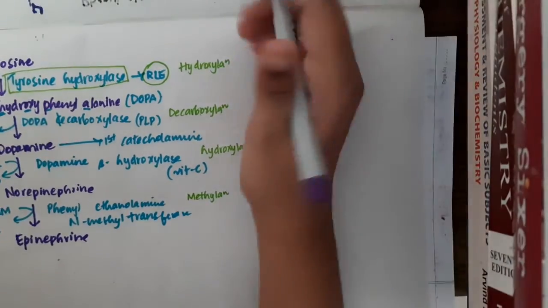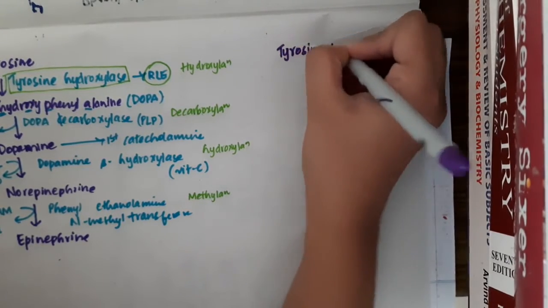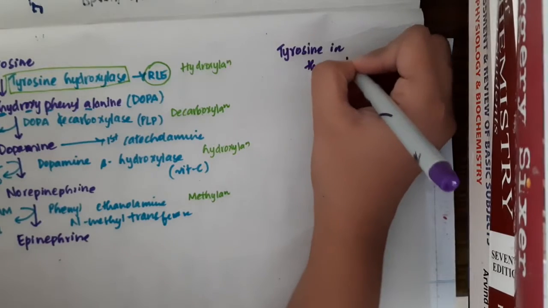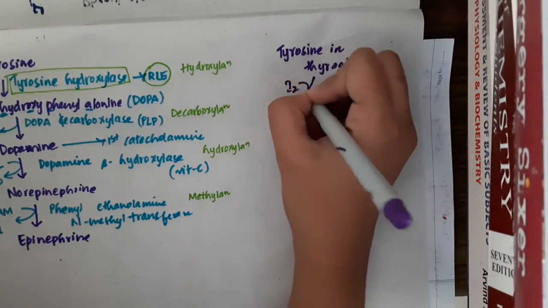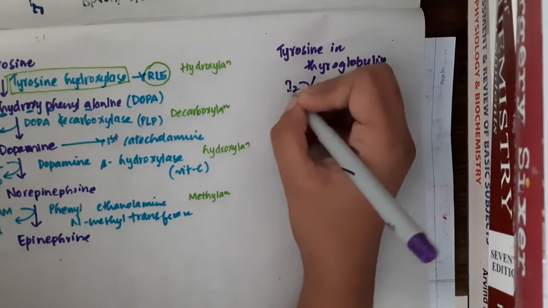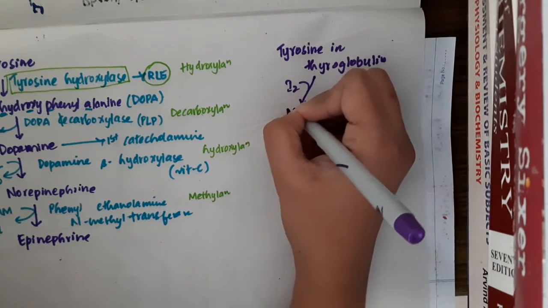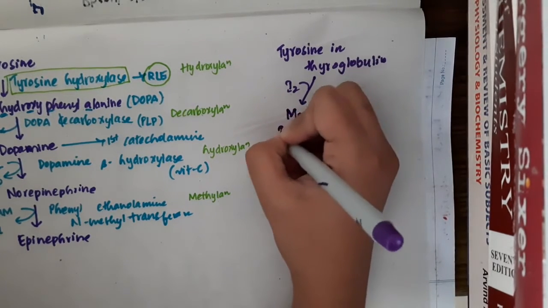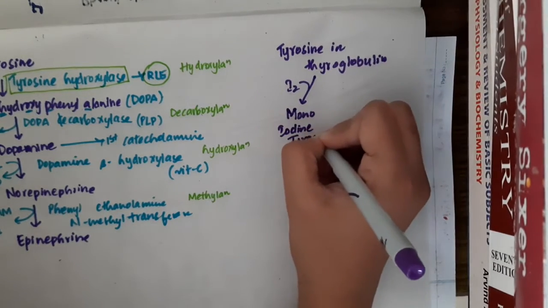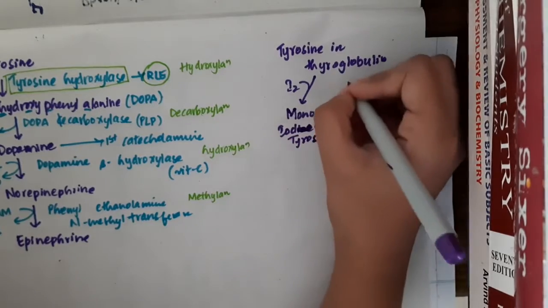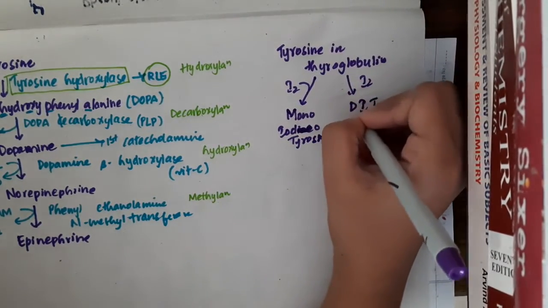Then next product, tyrosine is present in thyroglobulin. Okay, in the thyroglobulin, iodine is added to tyrosine, and if one iodine is added, it forms monoiodotyrosine. Whereas if two iodine are added, it forms diiodotyrosine.